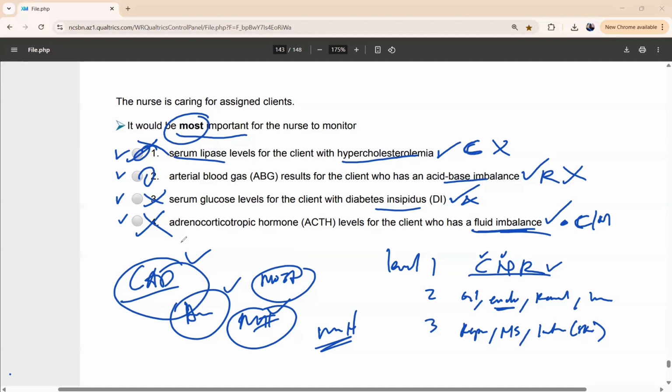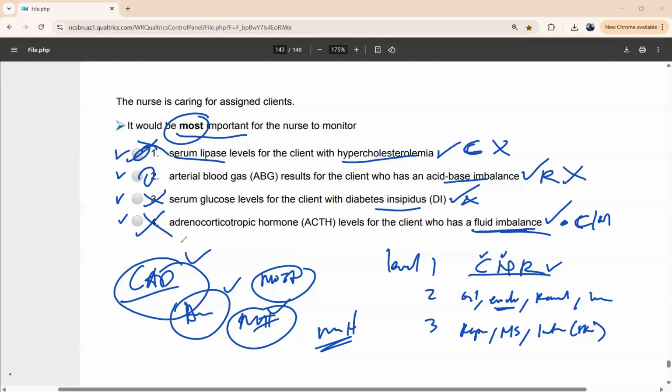They pass urine. You just encourage them to take fluid and use their medication, which reduces the amount of urine they are passing. So 3 is the least right here. Fluid imbalance is not good at all, but at the end of the day, you cannot prioritize fluid imbalance over hypercholesterol.